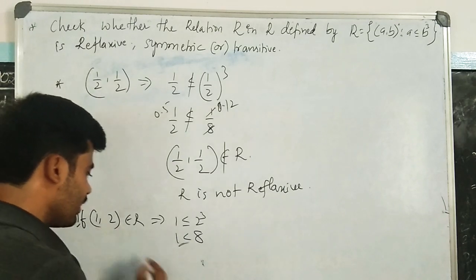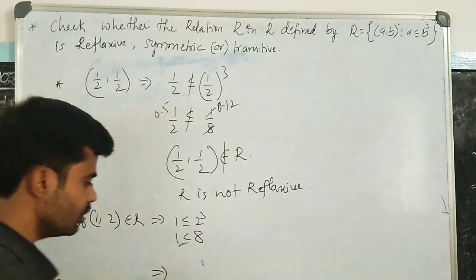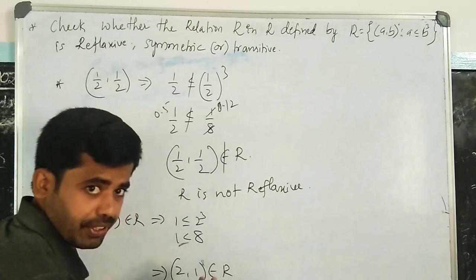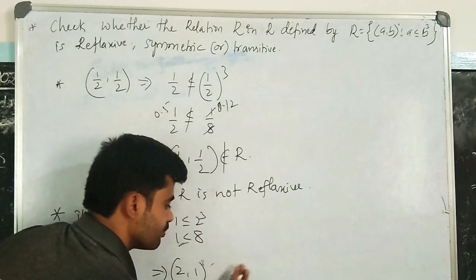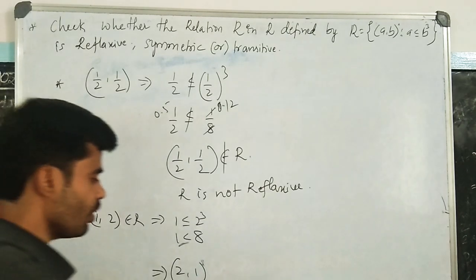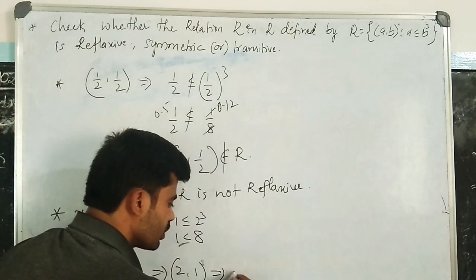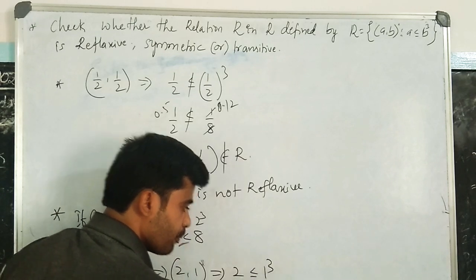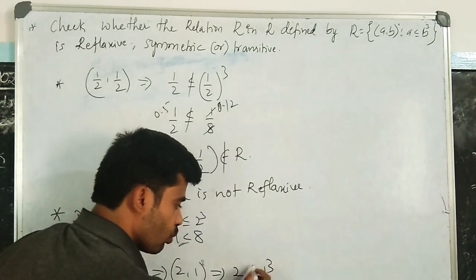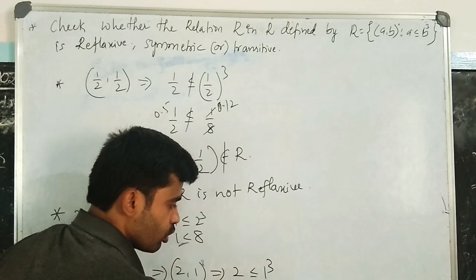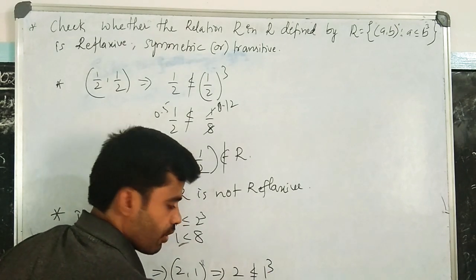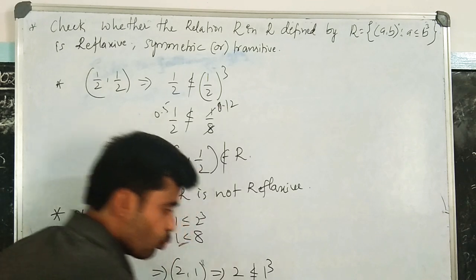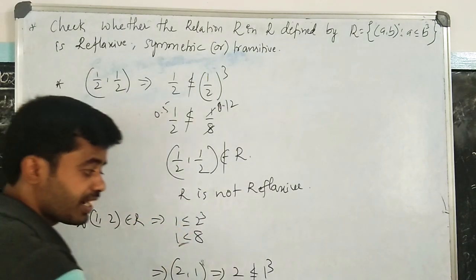Now, if it is reversed, is (2, 1) in R? We have to verify. According to the definition, is 2 less than or equal to 1 cubed? No. 1 cubed is nothing but 1 only. 2 is never less than or equal to 1. 2 is greater than 1.